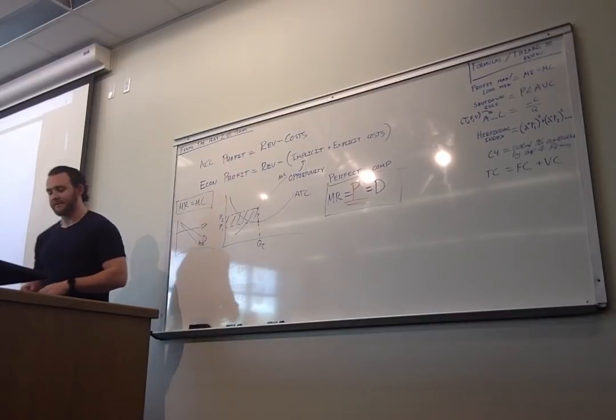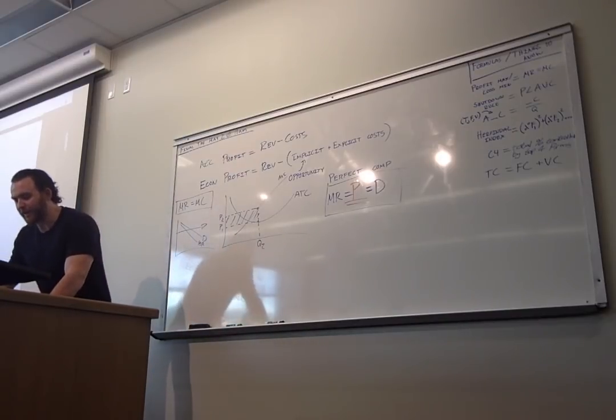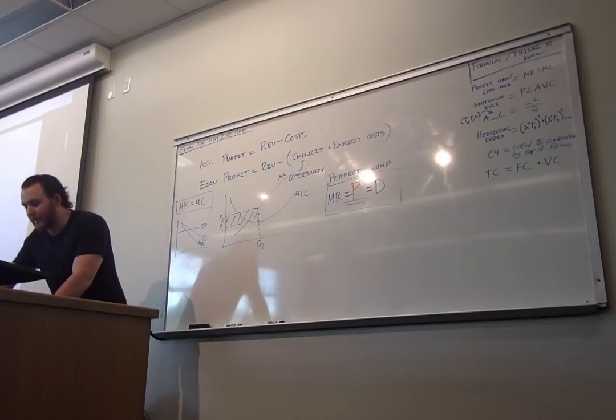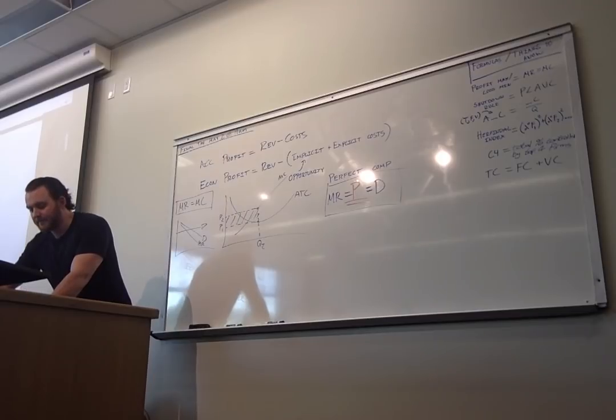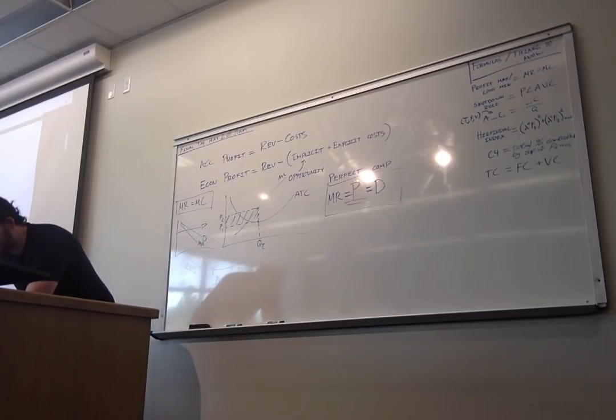So then let's look at number 10. When market price is P1, a profit maximizing firm's total revenue can be represented by what? P1 times Q2. This price is equal to marginal cost.